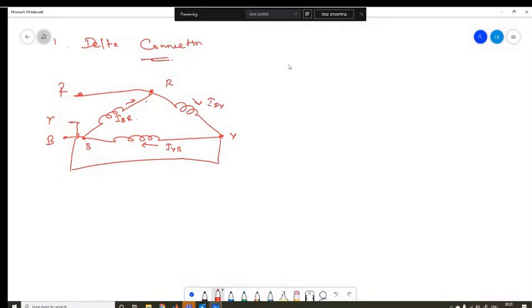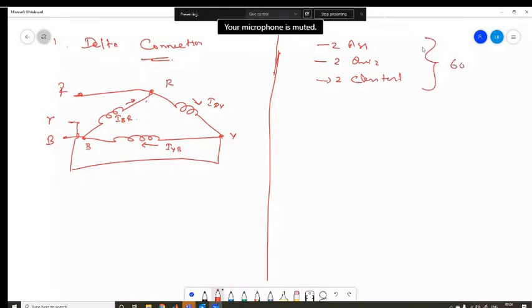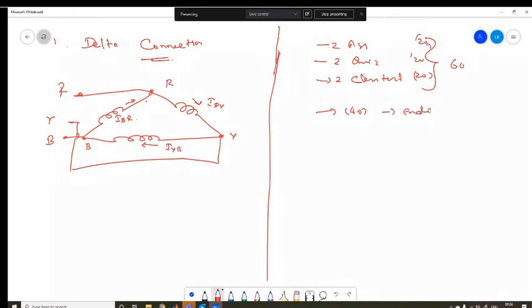I want to inform you, it's a small announcement. So there is a small change in our plan. Earlier the evaluation scheme was 2 assignments, then 2 quiz, and then 2 class tests, and this will be 20, 20, 20, 60, and then 40 for your end-sem.